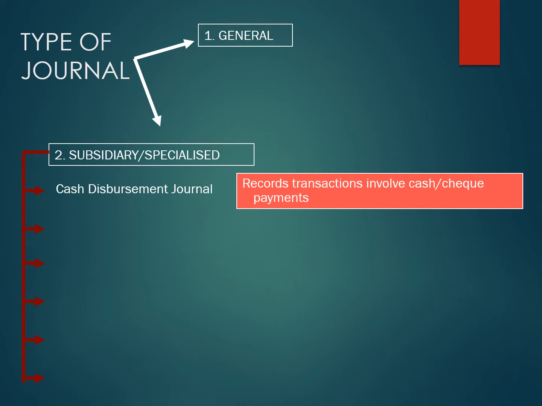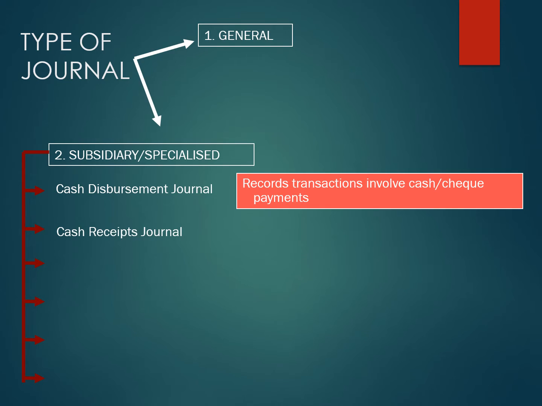This journal records transactions that involve cash or check payments, meaning that all the cash outflow from the business must be recorded in this journal.